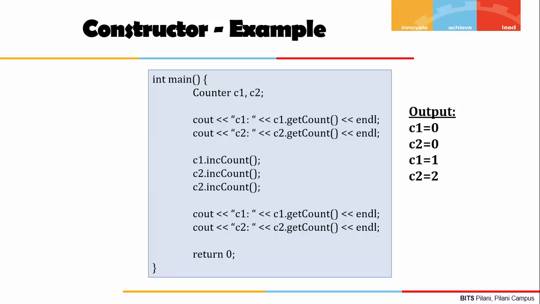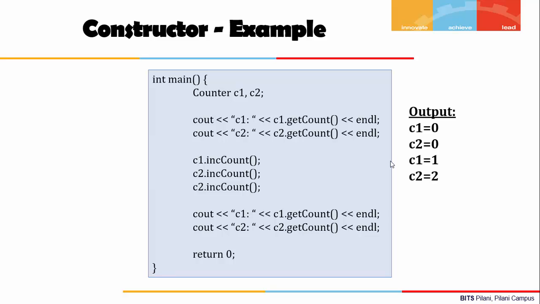After that, it causes the counters to display their initial values, which, as arranged by the constructor, are 0. It then increments C1 once and C2 twice and again causes the counters to display themselves.